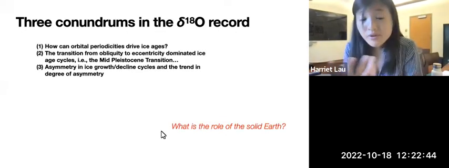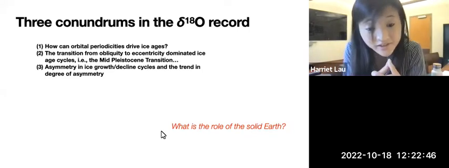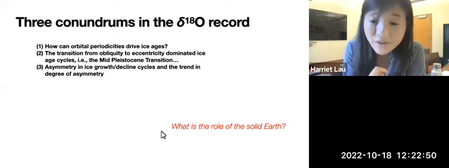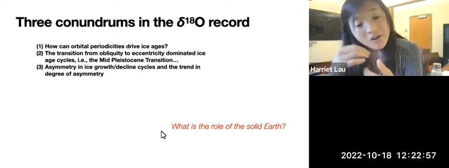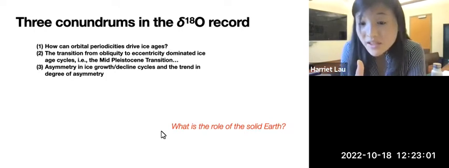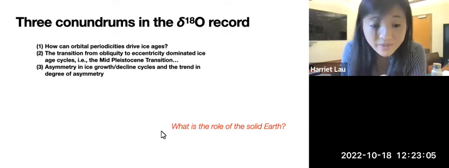And so those are the three conundrums that I'm going to discuss today. Just to summarize them: firstly, how these tiny changes in insolation can drive dramatic changes in climate. Second, what caused the transition from obliquity to eccentricity dominated ice age cycles, or what drove the mid-Pleistocene transition?